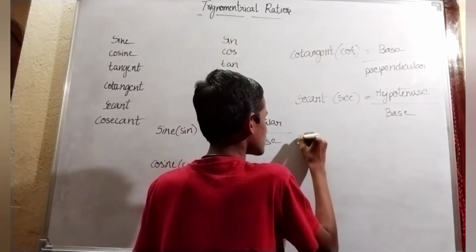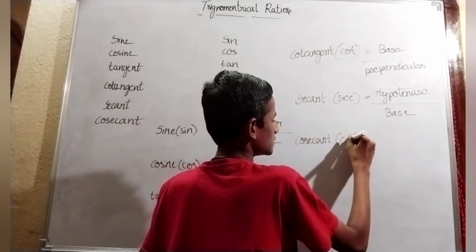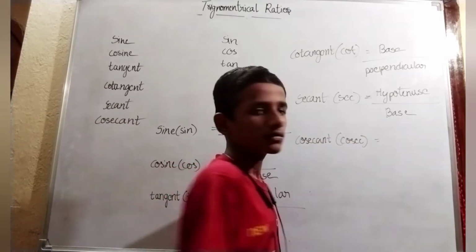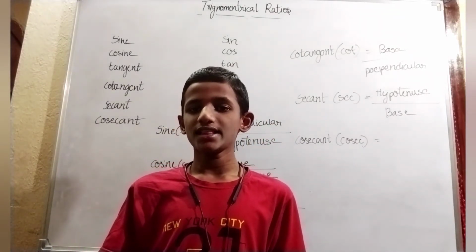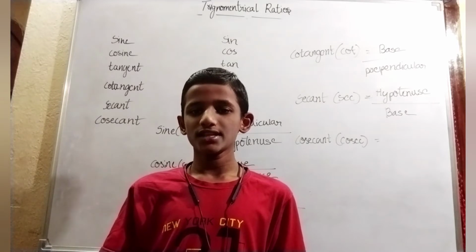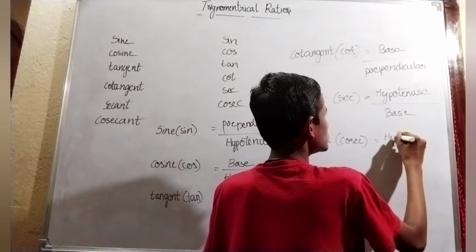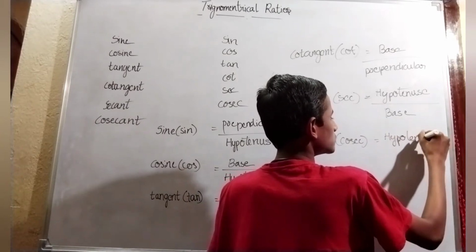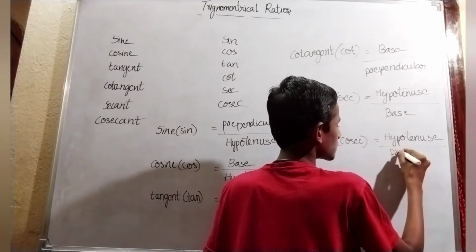And cosecant, that is cosec in short. Cosec is defined as the ratio between the lengths of hypotenuse and perpendicular. Hypotenuse by perpendicular.